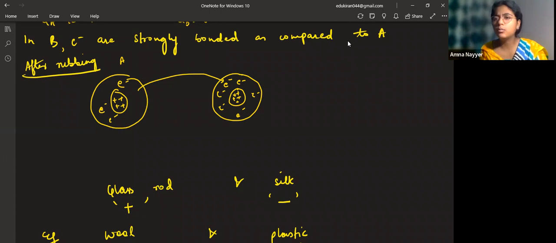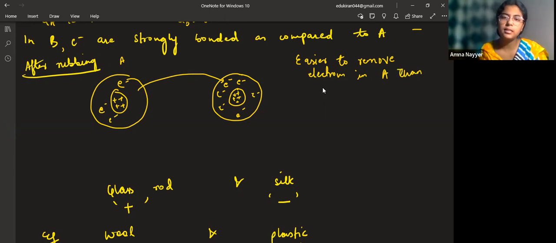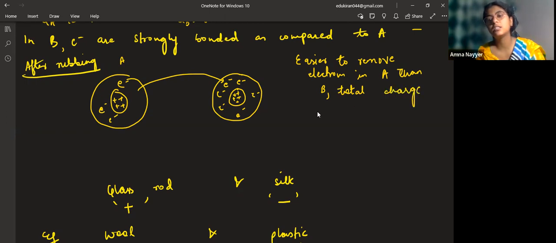Since it was easier to remove electrons in A than B. And one more thing, total charge remains constant.